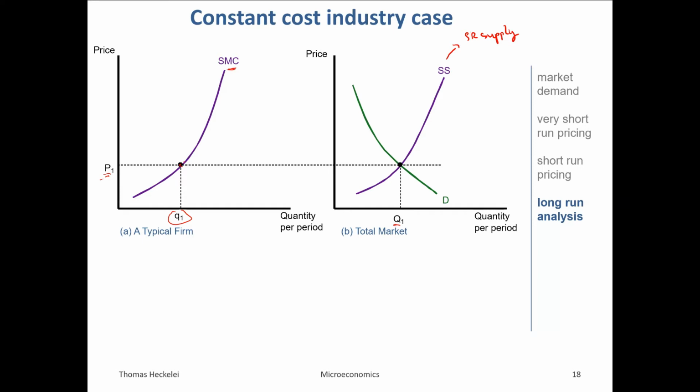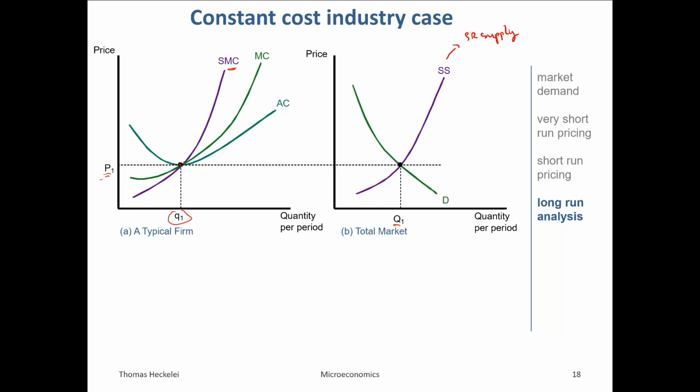Okay. Now here's the new thing. That quantity and price, P1, Q1, will also be the long run equilibrium if AC, the long run average cost curve, and MC, the long run marginal cost curve, cross at that point.